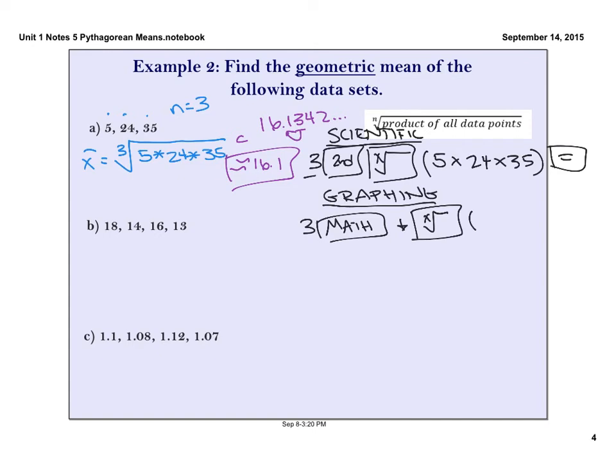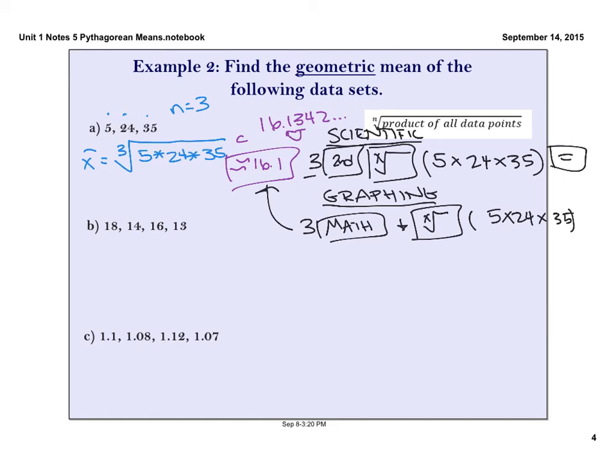Now you can go ahead, open your parentheses, and type the 5 times the 24 times the 35. Close your parentheses, and you get the same thing. I got 16.1. So those are the 2 different keystrokes based on which calculator you have, and it's going to be different for each one.